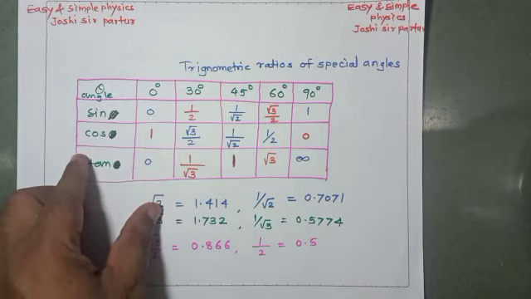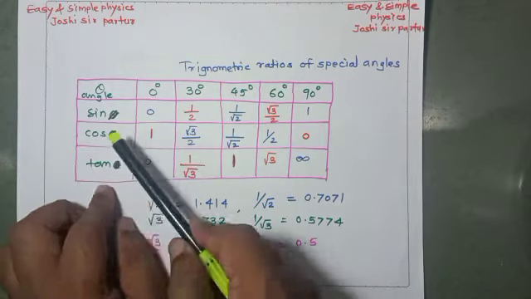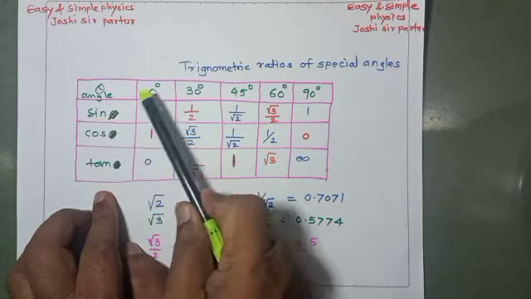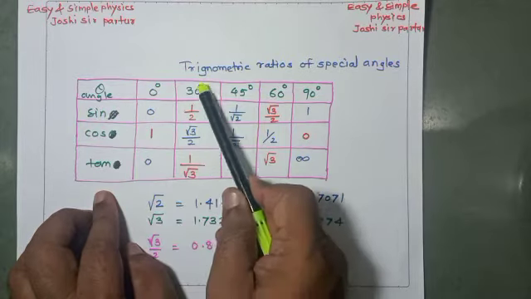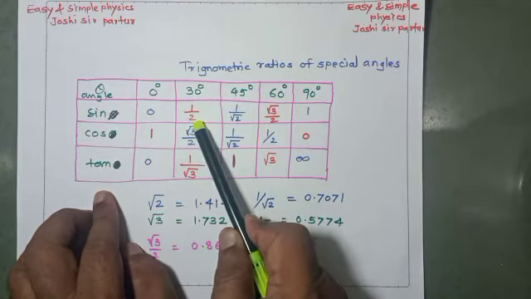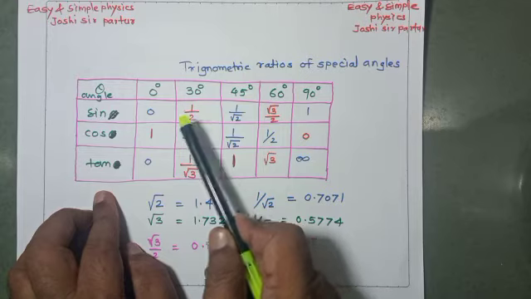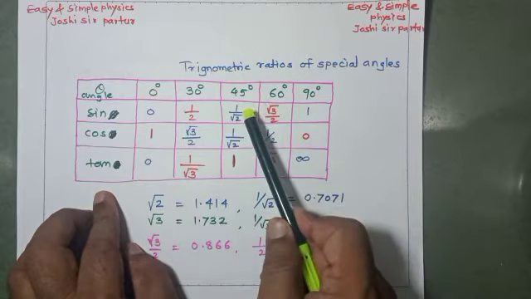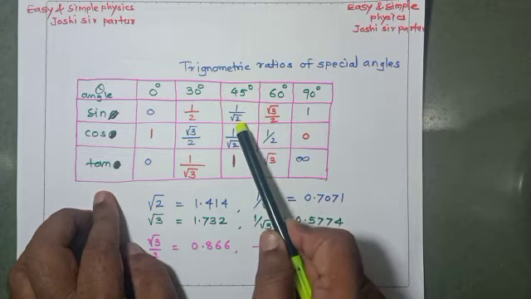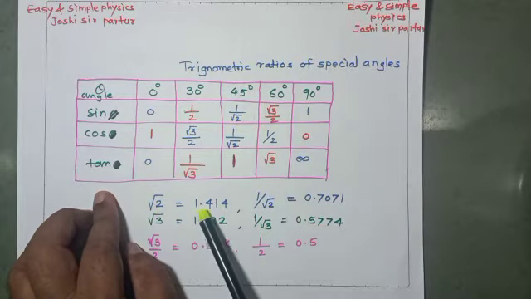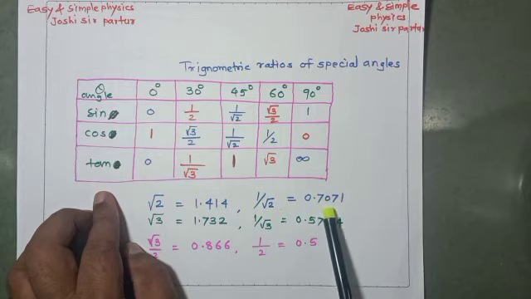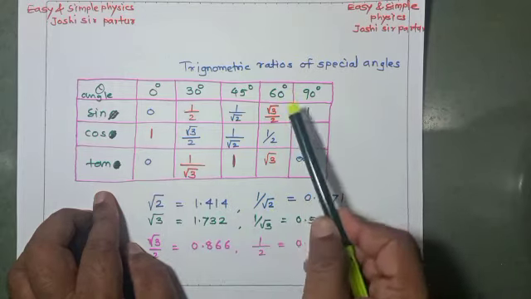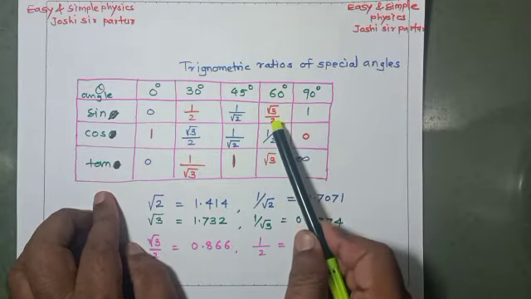If we see the table carefully, sin 0 degree has value 0. Sin 30 degree is 1 by 2, means 0.5. Sin 45 degree is 1 upon square root of 2. Square root of 2 is 1.414, so 1 upon square root of 2 is 0.7071. Sin 60 degree is square root 3 upon 2.